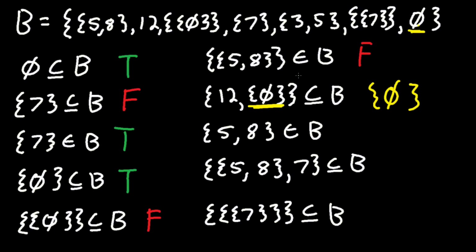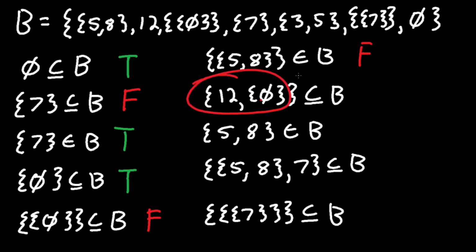And we have a null set here, but we don't have brackets around this null set. We have brackets around this null set, but we don't have brackets around this null set. Therefore, this guy is not an element of B. So this set right here is not a subset of B. Let's go ahead and write down: no, not true. False.